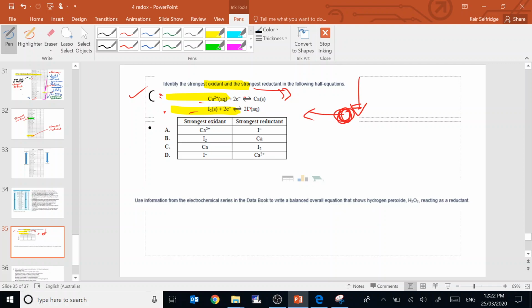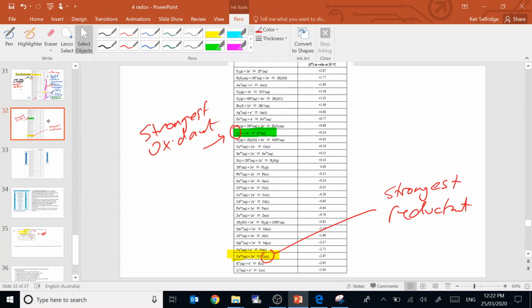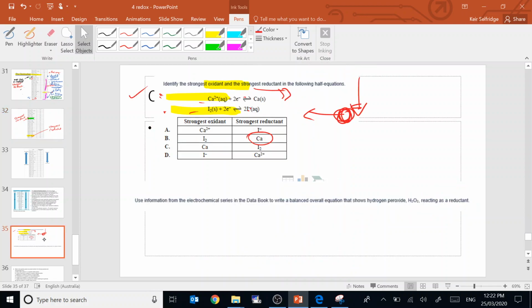So we identified that the strongest reductant was this one, and we said that the strongest oxidant was I2. This would probably be a bit easier if I had the data book on the same page, but probably run out of space.